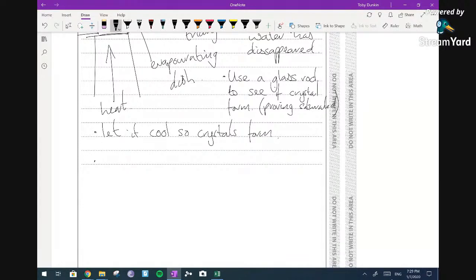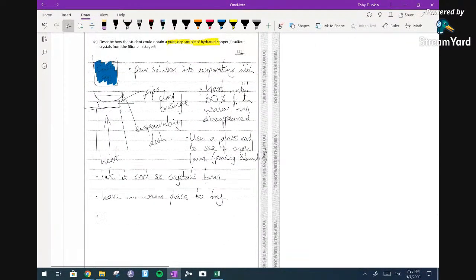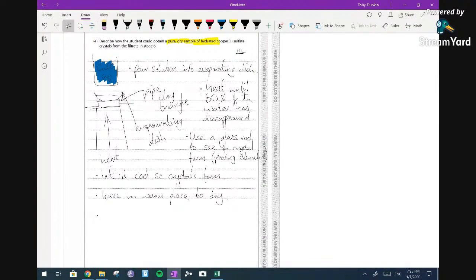And then we're going to leave in a warm place to dry. Now it says pure and dry. So it's interesting that I say pure. That's going to get you all the marks there at this point. But leave it in a warm place.